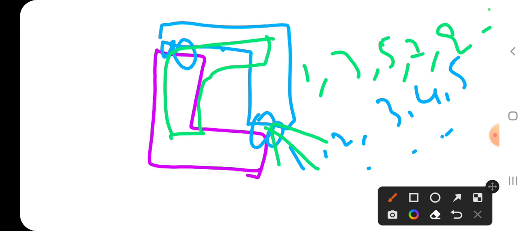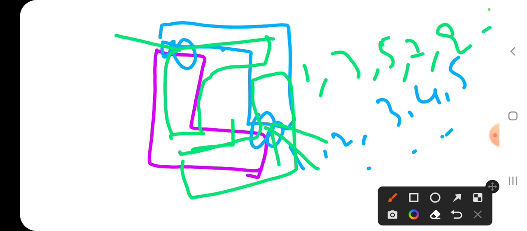This is one L and this is another L. So if you do like this, in one layer you have the joint here, and in another layer you have the joint here. That means the joints are displaced from one layer to another layer. This scheme is called staggering.